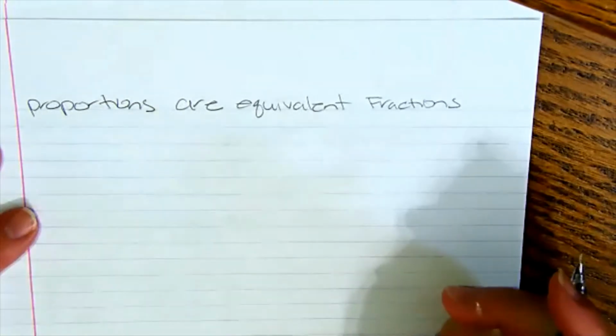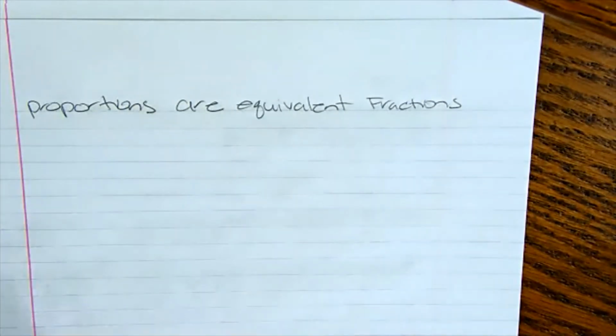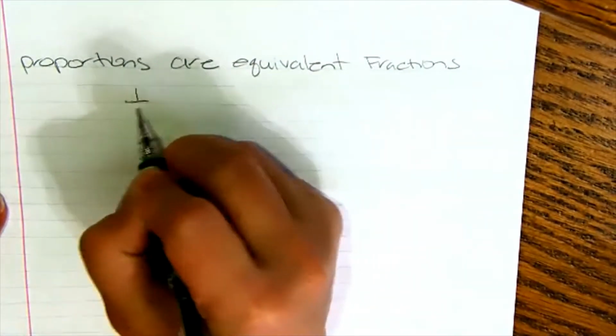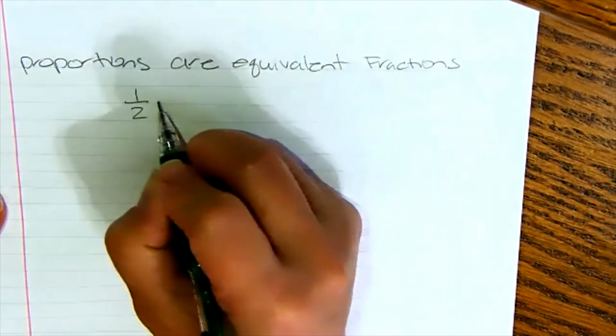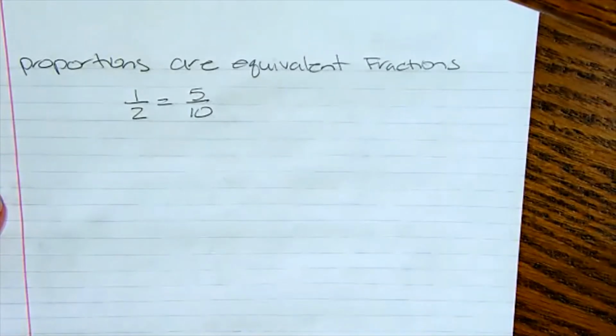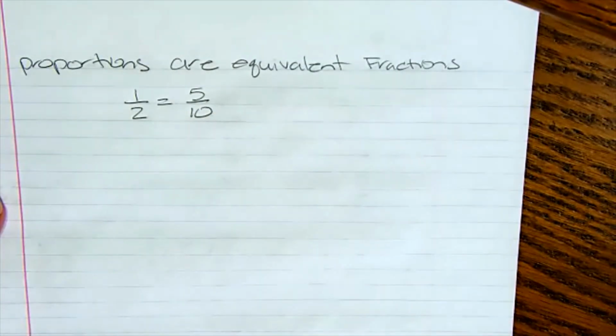So proportions are equivalent fractions. And how do we determine if fractions are equivalent? So we have 1/2 is equal to 5/10.